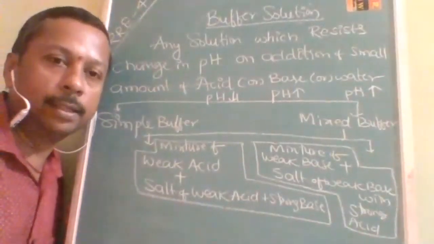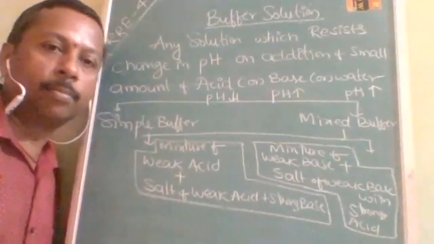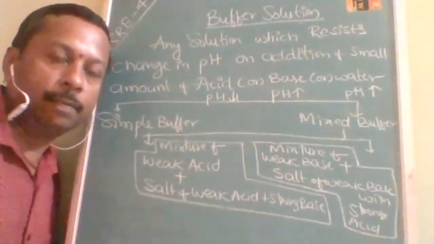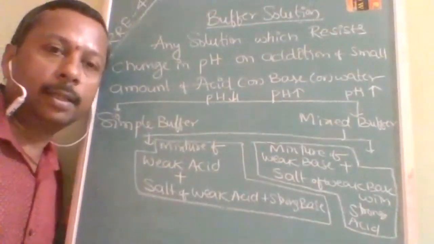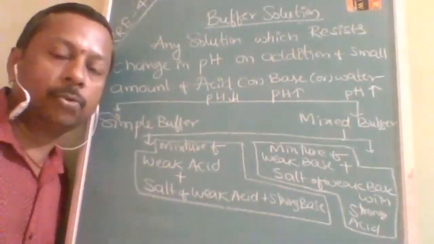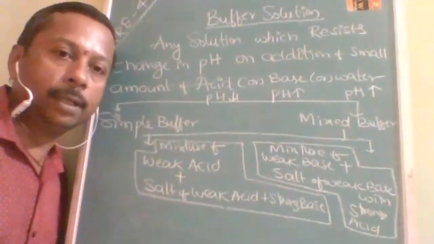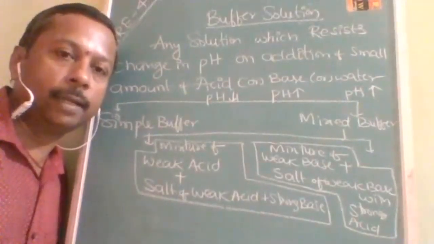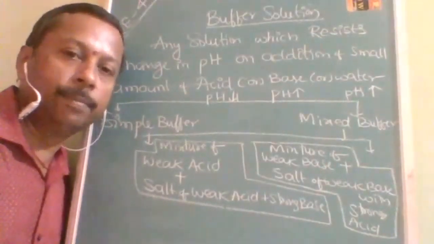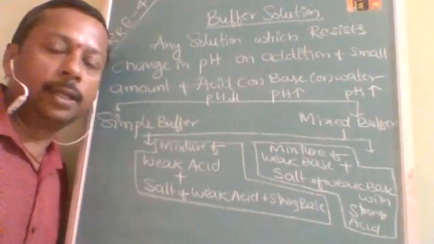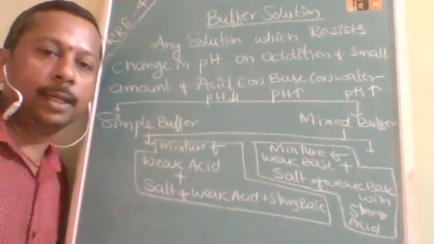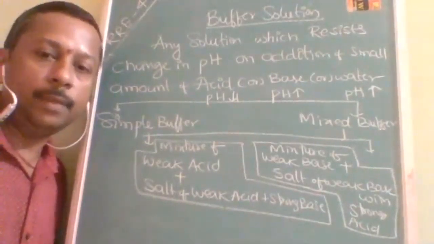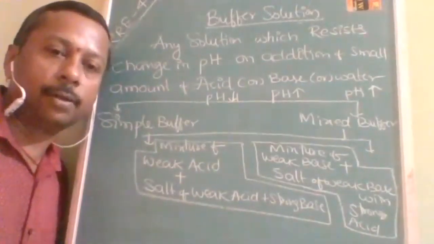Suppose weak acid. Weak acid is an example of simple buffer. Weak base is an example of simple buffer, but they have less capacity to resist the change in pH. For a better buffer activity, we have to use a mixture. Okay, so there are two types of mixed buffers: mixture of weak acid plus salt of weak acid with strong base.